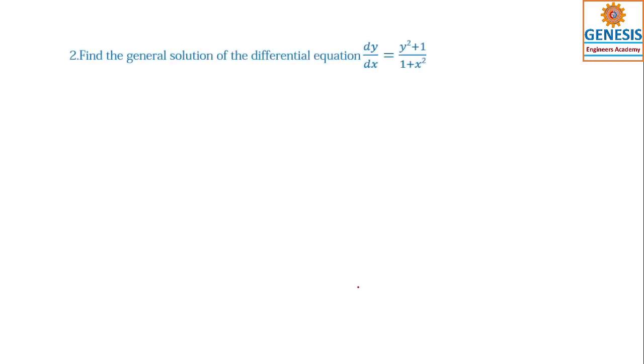Next, move on to the second problem. Find the general solution of the differential equation dy by dx is equal to (y square plus 1) by (1 plus x square). We are doing this under variable separable, so I have separated the x terms under dx and the y terms under dy.